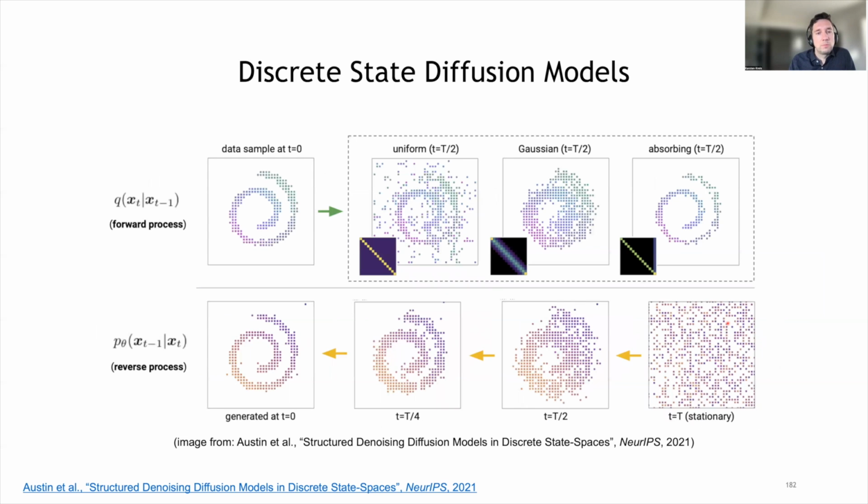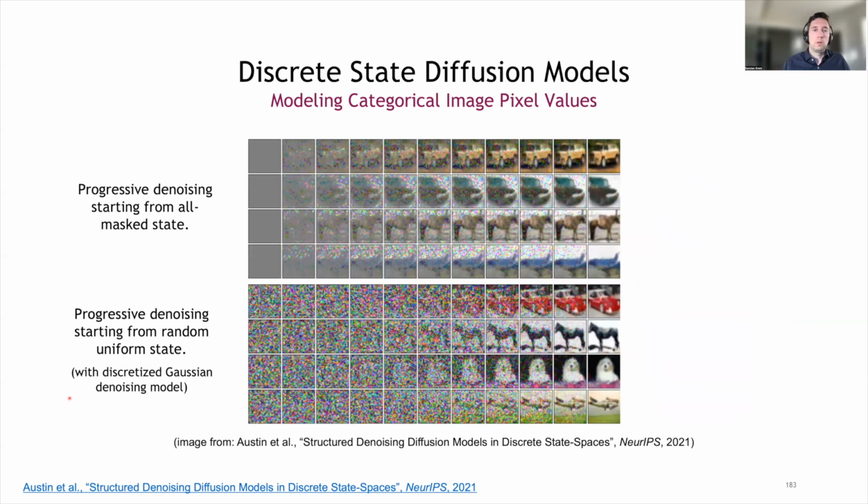And then in the reverse process, this may, for instance, look like this. So here on the far right, this is a stationary distribution of this categorical distribution from which I can sample analytically. And then denoising progressively denoises this back towards the data distribution. So one can use this, and some papers have explored such discrete state diffusion models.